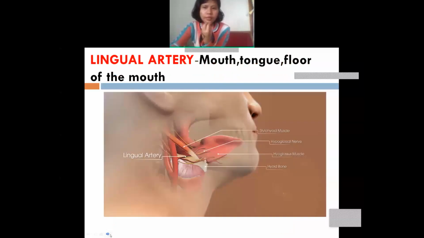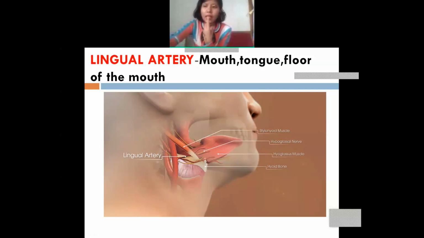Next is lingual artery. So lingual artery you will find here, somewhere in this portion. Understand? Lingual artery. Okay, so this lingual artery, they supply blood to where? They supply blood to the mouth area, your tongue, and the floor of the mouth, which means the downside of your mouth, it's known as the floor.